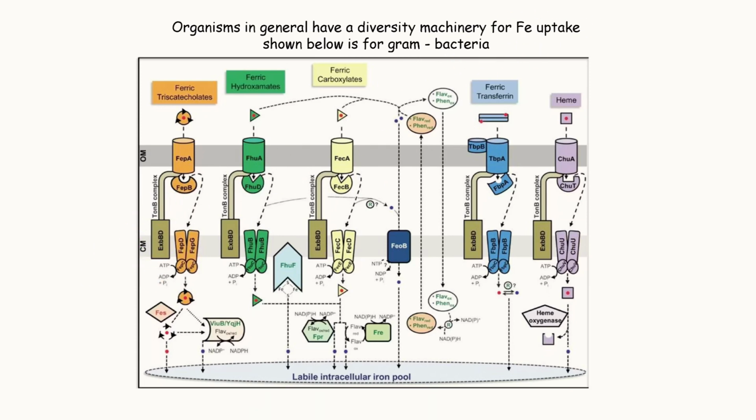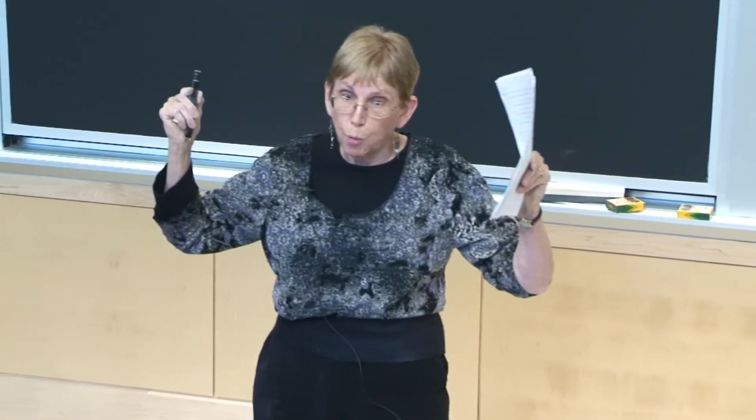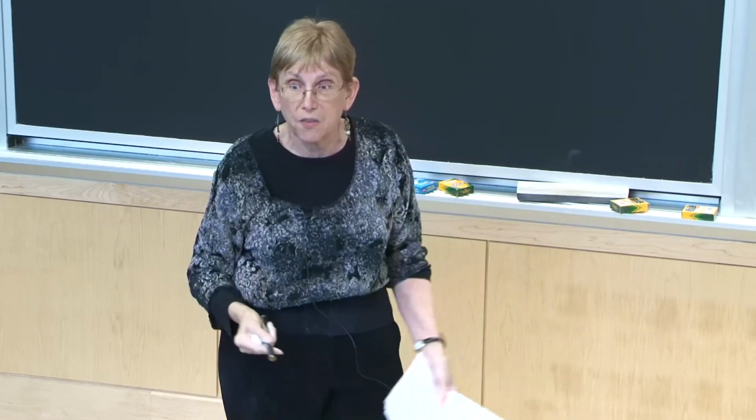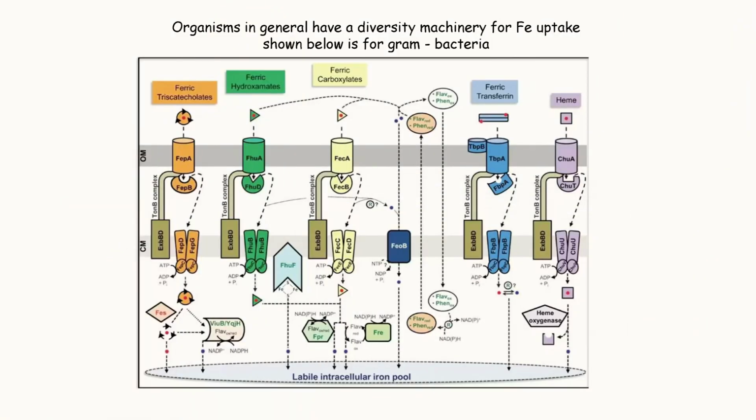Remember there's a 3 component machine, TonB, ExbB, and ExbD, which is connected to a proton motive force across the plasma membrane, which is key for getting either the heme or the iron into the periplasm, and you use a periplasmic binding protein, which then goes through these ABC ATPase transporters.